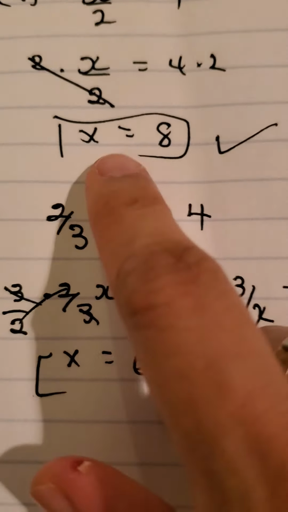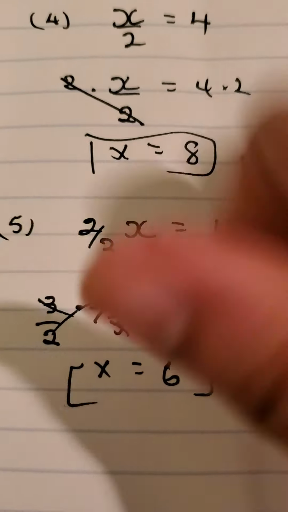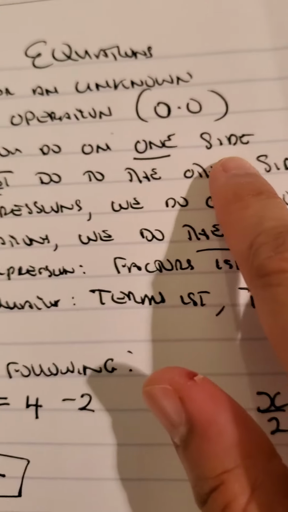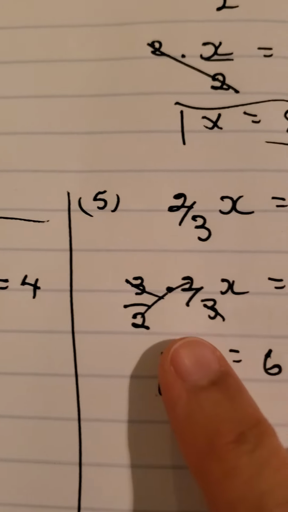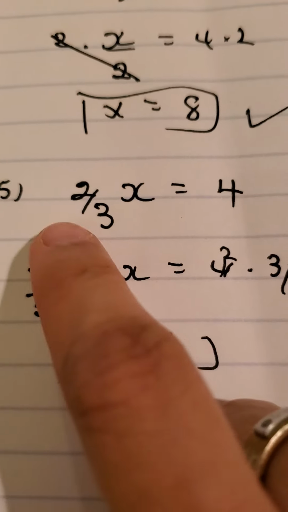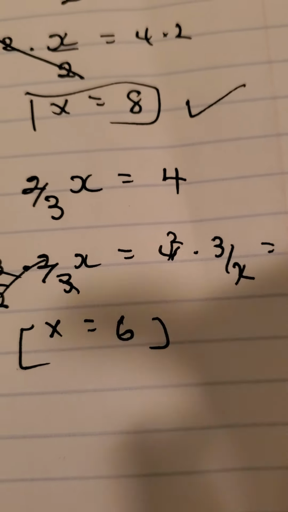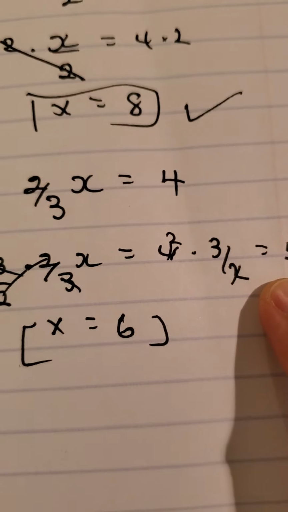And remember, the reciprocal is the opposite, right? It's the inverse of that fraction. Opposite operation, what you do on one side, you must do to the other side, okay? So the opposite of 2/3 is 3 over 2, and that's how I get my x to equal 6, because I multiply it to both sides.